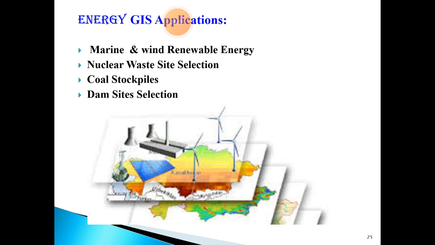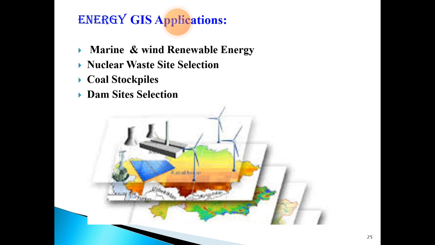Next is GIS application in the field of energy. Most of the revolutionary development in a country is dependent on the energy resources. But at present, there is a crucial crisis for these energy resources due to the population explosion. So, is the need of energy GIS applications.